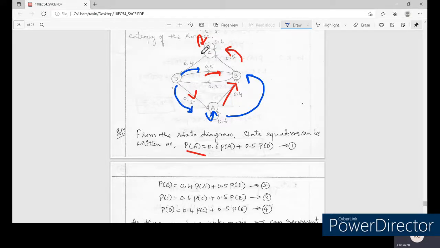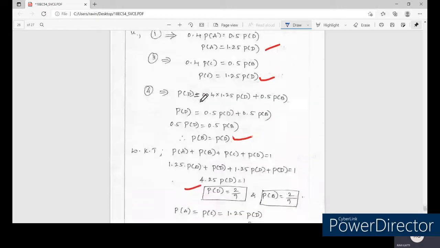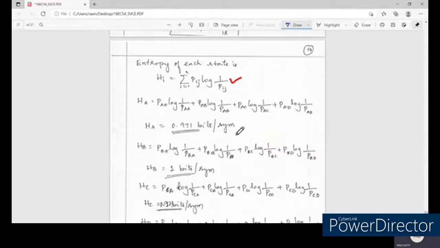Similarly for the state C, this is called the incoming branch also and outgoing branch also, and this is one of the outgoing branches emitting from the state C. Similarly from state B, these are the outgoing branches we need to consider. By considering the outgoing branches with their probabilities, it is possible for us to find the entropy of each state.